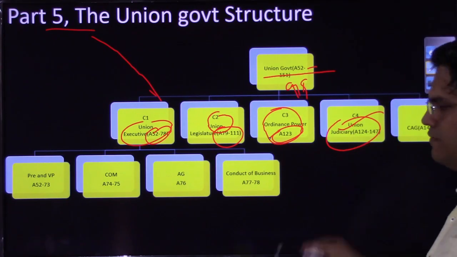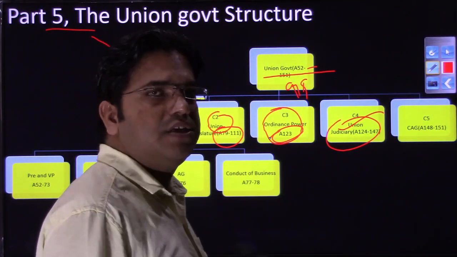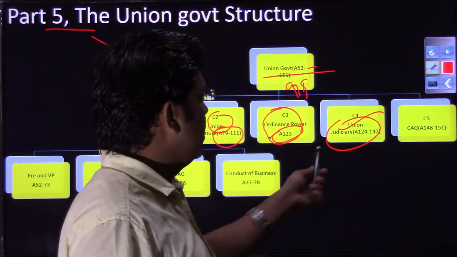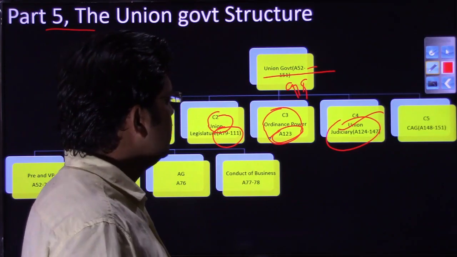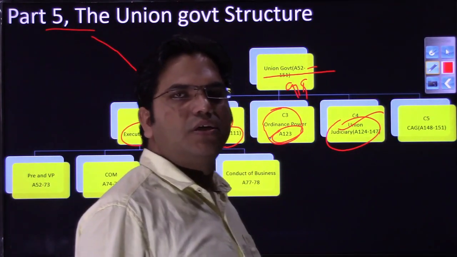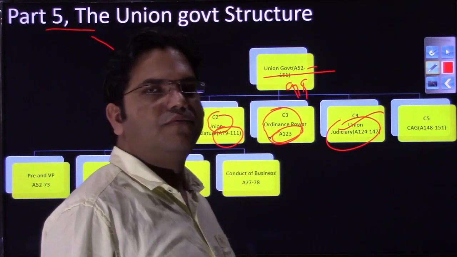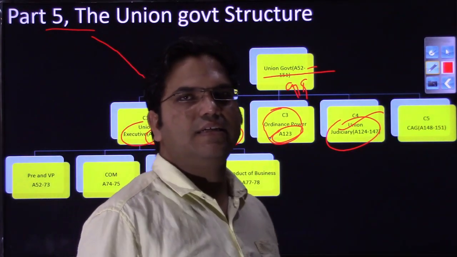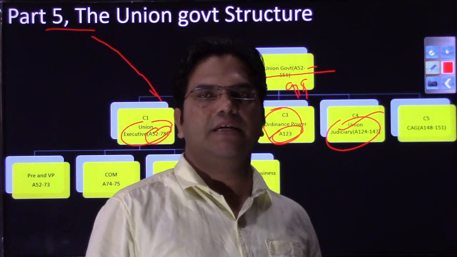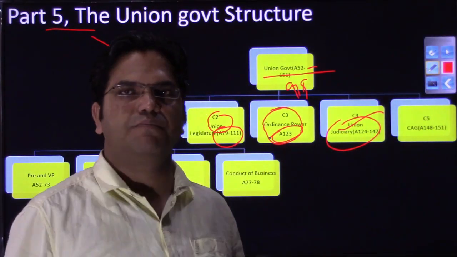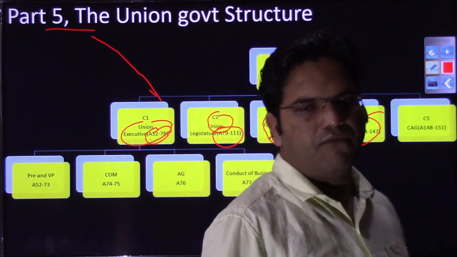Then the fourth chapter has been dedicated to the union judiciary, meaning the Supreme Court, its power, function, mode of appointment, salaries, all of which are mentioned in Article 124 to Article 147. And in the fifth chapter you have the CAG, Comptroller and Auditor General of India, and 4 articles have been dedicated to that chapter, Article 148 to Article 151.